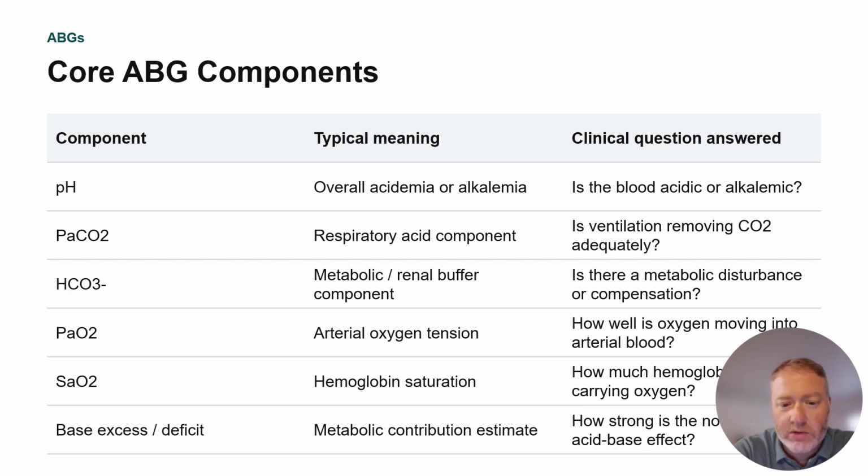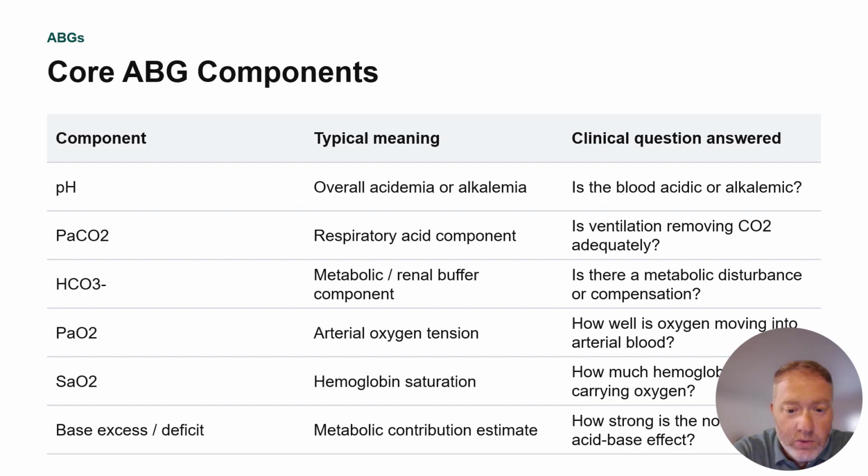It also is the main catalyst for buffering, for compensation. So when you have a blood gas that's uncompensated, partially compensated, or fully compensated, the bicarb is typically, especially in a respiratory issue, the buffer that's moving up or down to try to pull the pH back to a normal value.